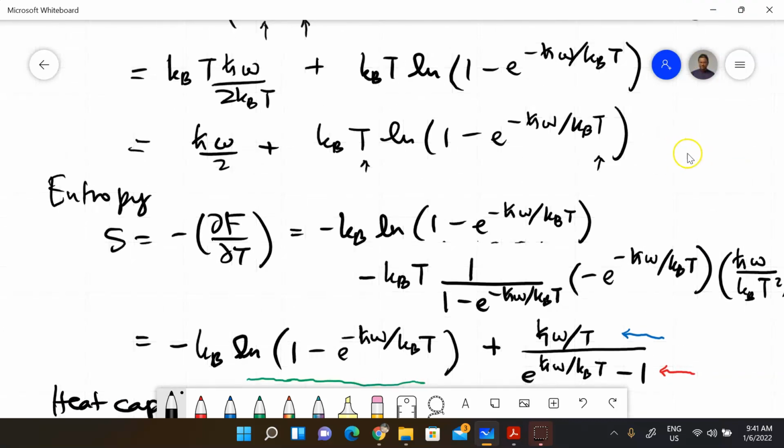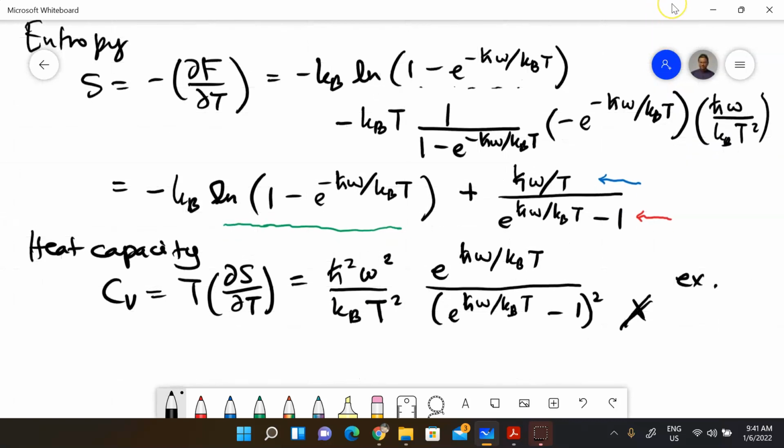you have this complicated function involving your 1 over T squared here, and then your exponential, exponential squared here. But really you can see that this exponential is going to dominate over the T squared as T goes lower.